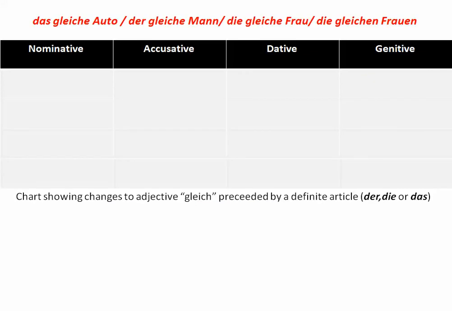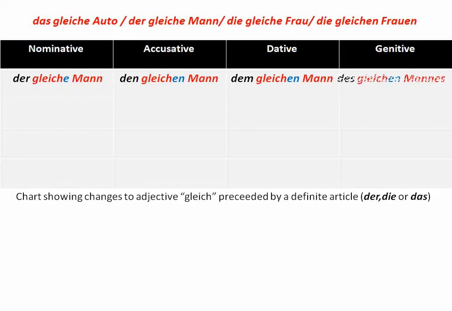Now, gleiche: it's good to think of gleich as an adjective, because it changes and reacts the same way an adjective does, especially if the noun is behind it. So, for der words like Mann: der gleiche Mann, den gleichen Mann, dem gleichen Mann und des gleichen Mannes.